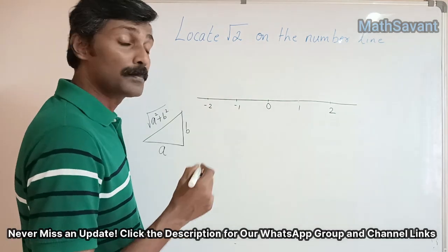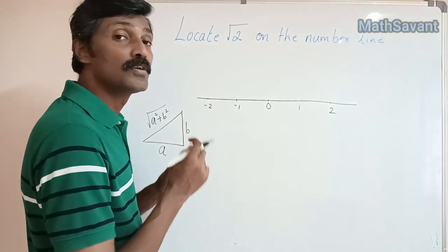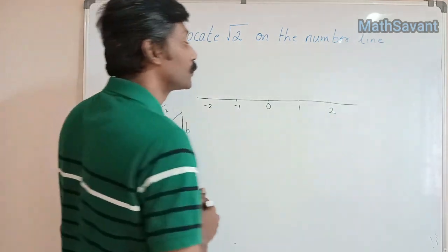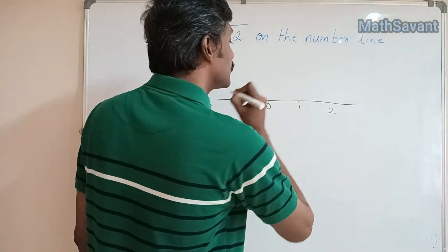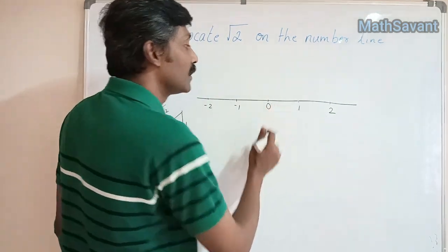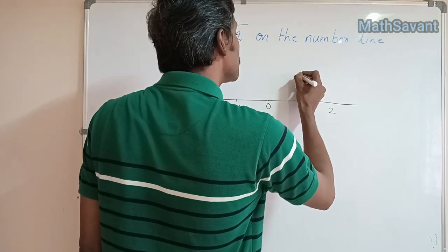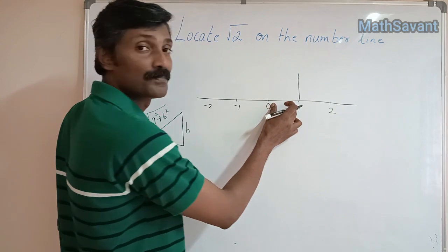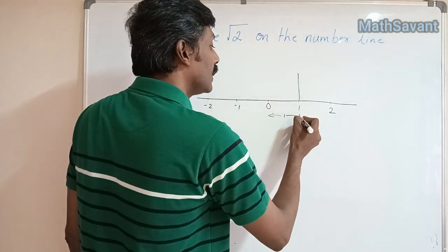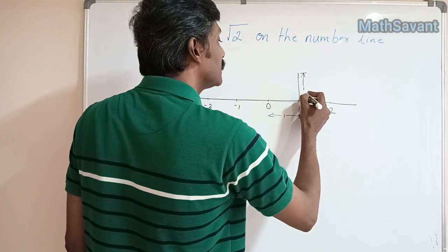Now, let's apply the same thing here to find out the value of root 2, right? Then we will locate it on the number line. So how can we find out root 2 from this given data? So we have one unit here, right? Now let's draw a perpendicular which is also 1 unit, which is the same as this value. So this base is 1 unit, and we know that this height is also 1 unit, right?